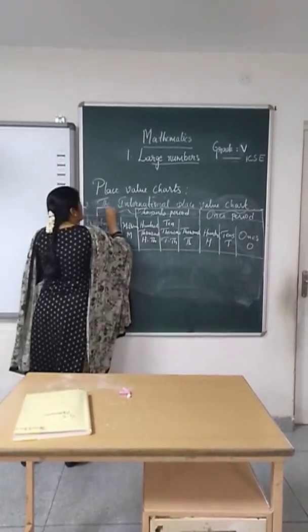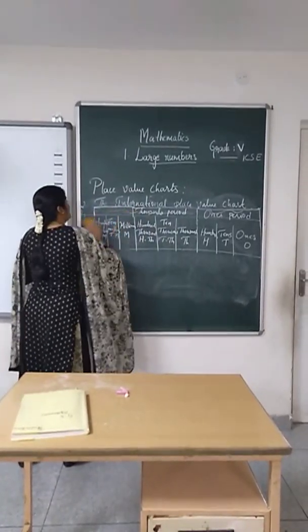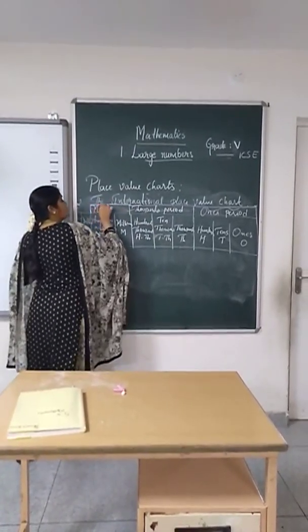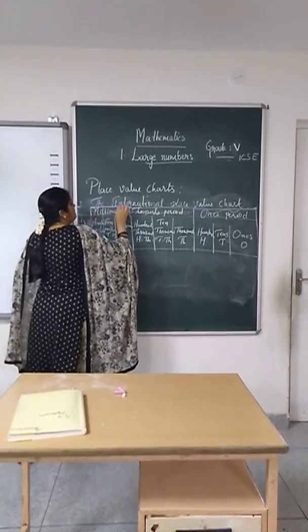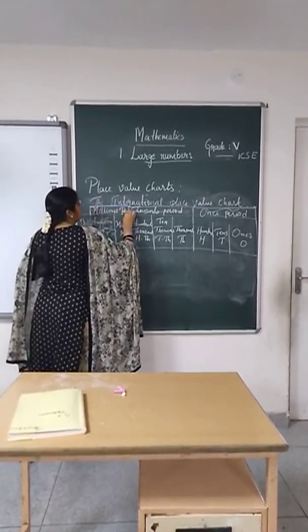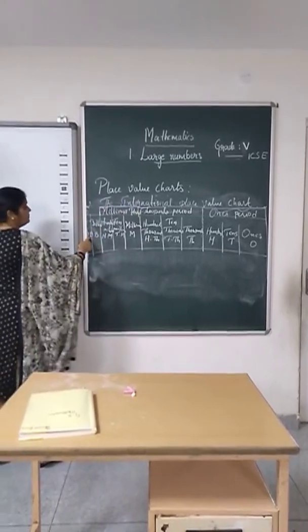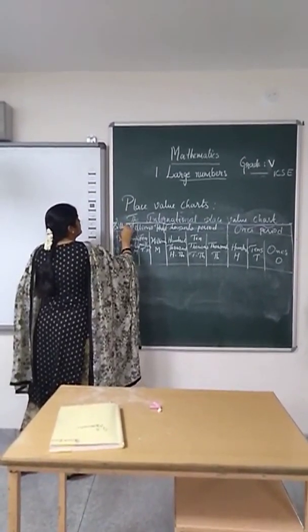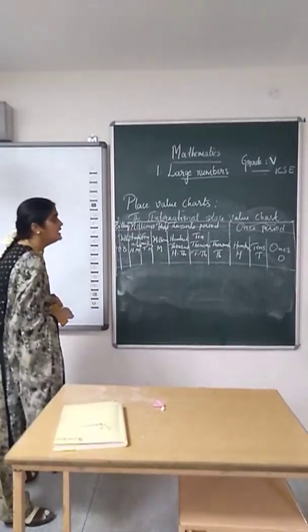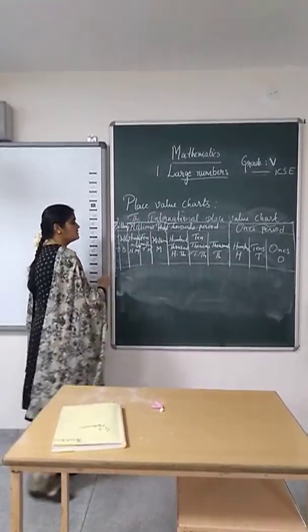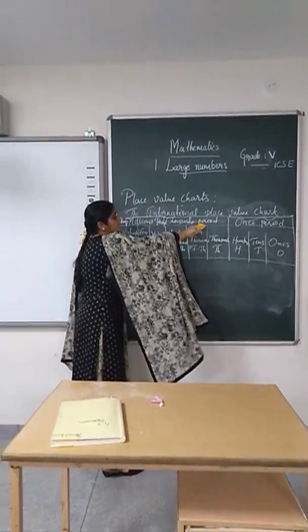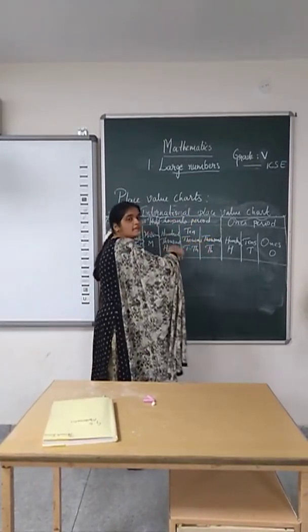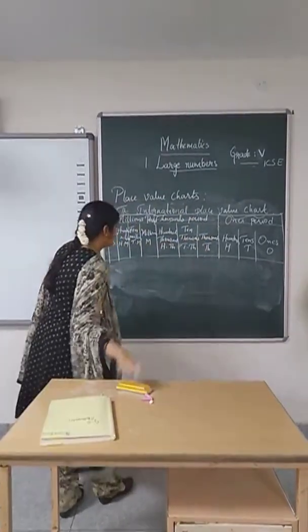Here million, 10 million, 100 million come under millions period. And billion, 10 billion, 100 billion come under billions period. Here also the same thing. We need to keep the name of the period in our mind while reading the number. Example.